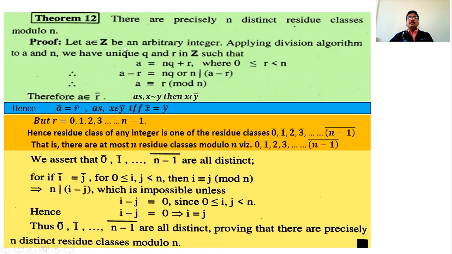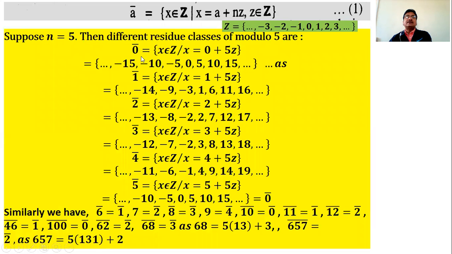That is, if we find the residue class of any integer, then it is one of these residue classes, 0 bar, 1 bar, 2 bar, up to n minus 1 bar. How can we show there are precisely n residue classes modulo n, here modulo 5? By using this example, we prove that there are 5 residue classes modulo 5: 0 bar, 1 bar, 2 bar, 3 bar, 4 bar. The residue class of any element from Z is one of these 5.